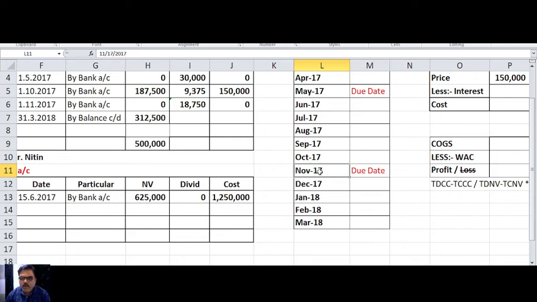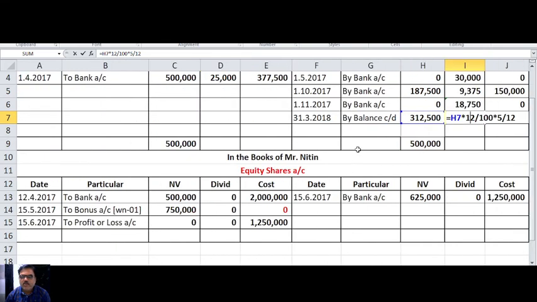So November 1, December 2, January 3, February 4, and 31st March 5. So 5 months interest we have to calculate outstanding on 3,12,500. So we have calculated over here. See, H7 means 3,12,500, 12% multiplied by 5 divided by 12, that is what?